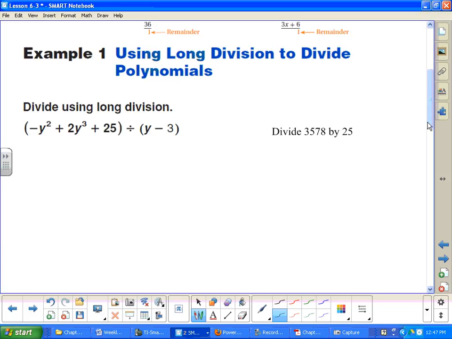Now, when you're going to do long division, you have to make sure of two things. One, it's got to be in standard form. And two, if there's a missing place value or a missing term, you have to put in a 0 for it. So in this case, we have y minus 3, so that goes on the outside, and then we put our division sign.